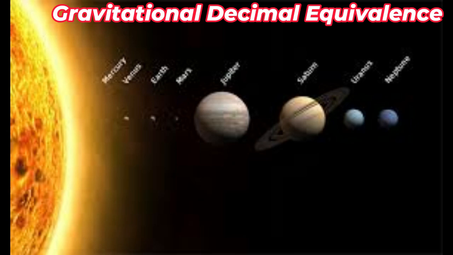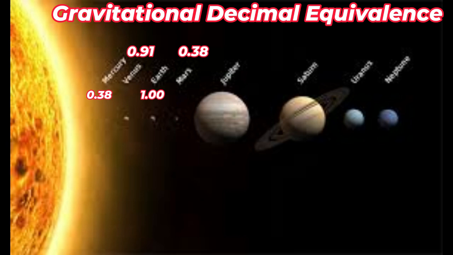Here is a diagram of our solar system. And each planet has a different decimal value to determine its weight. On Mercury, it's 0.38. On Venus, it's 0.91. On Earth, it is 1.00. On Mars, it's 0.38.